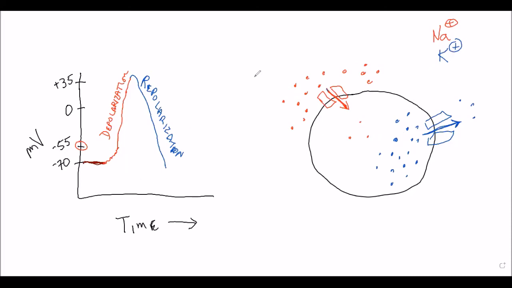So what's going to happen here is that this is going to go down even further than -70. It usually goes down to about -85. This area here, where it goes down even further, we refer to that as hyperpolarization.